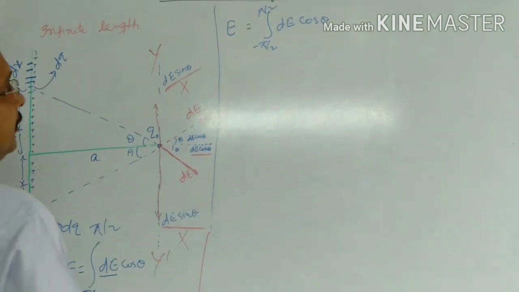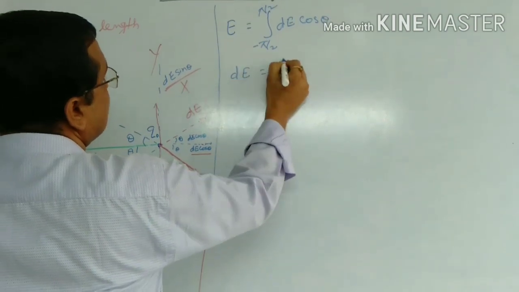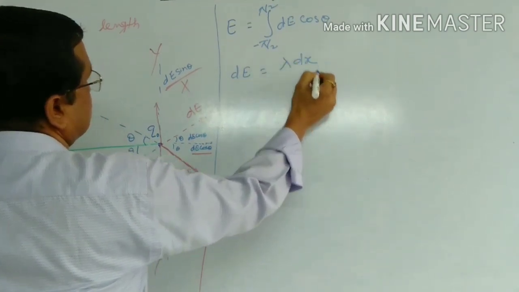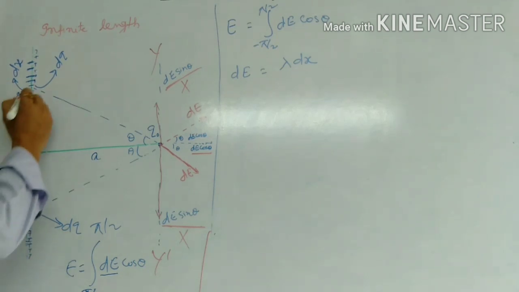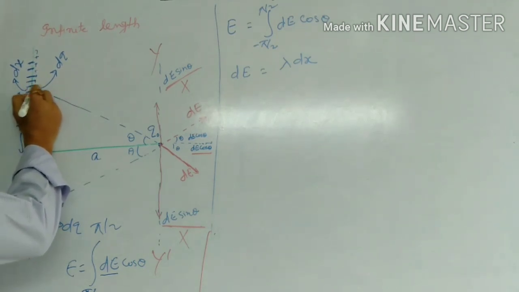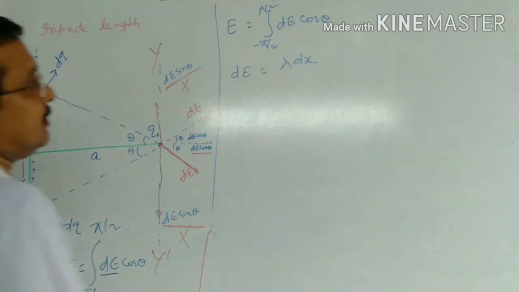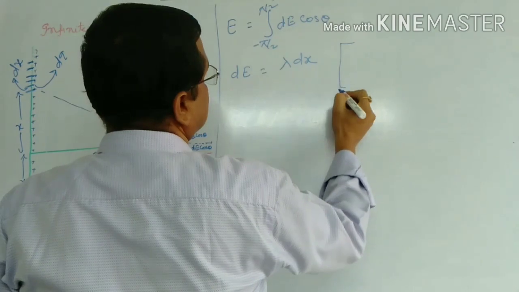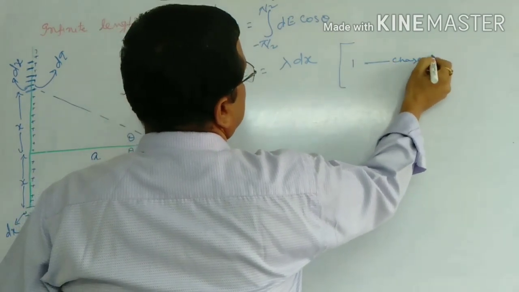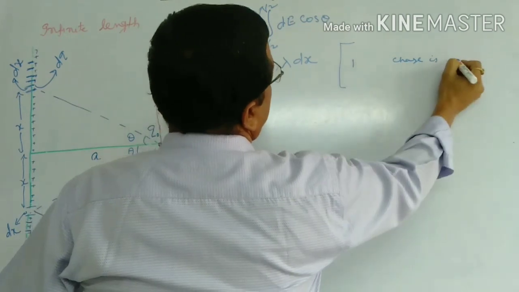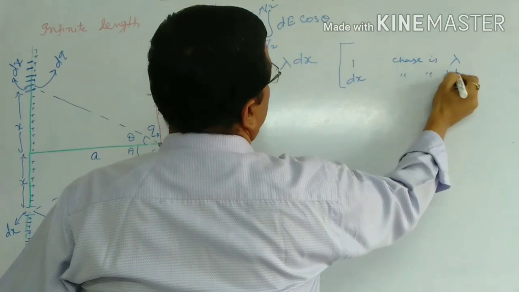Now first calculate dE. dE means what? Lambda into dx, because on unit length the charge is lambda, so on dx length the charge is lambda into dx.